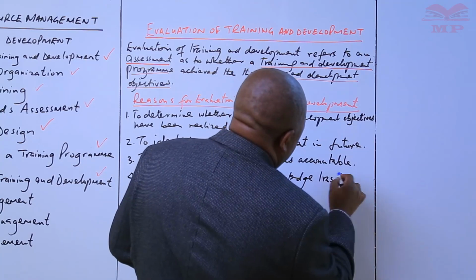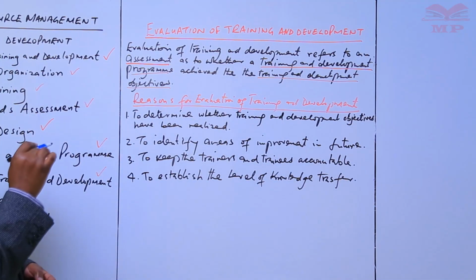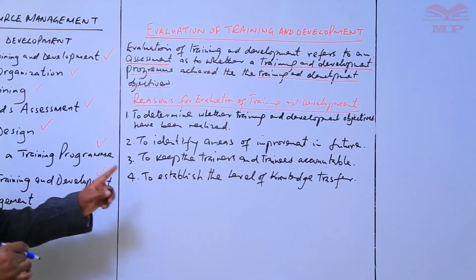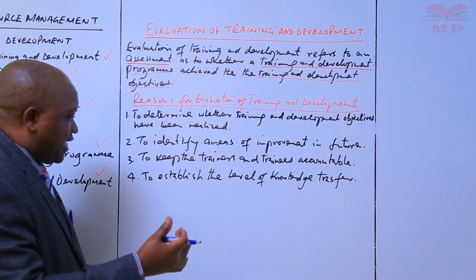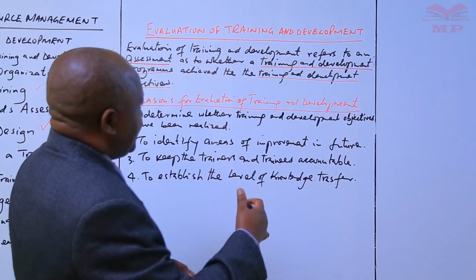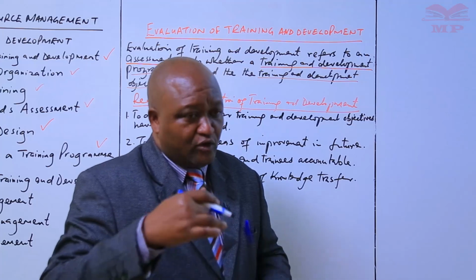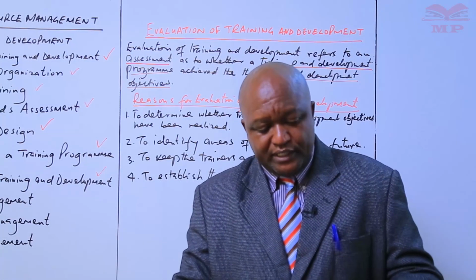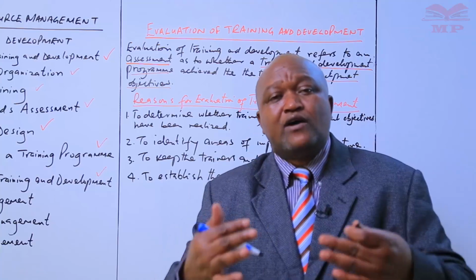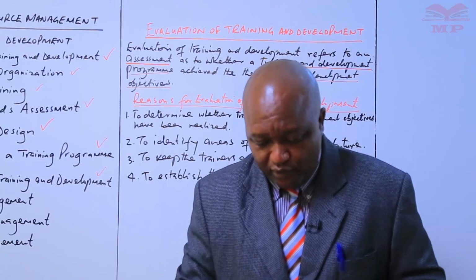So that is also important, that when a training program is being evaluated, those evaluating it can also be looking at the establishment of the level of knowledge transfer as a result of that particular training and development program. So knowledge transfer can be evaluated from the level of responses to the training tool, or how the trainees are reacting to the questions in terms of the evaluation.